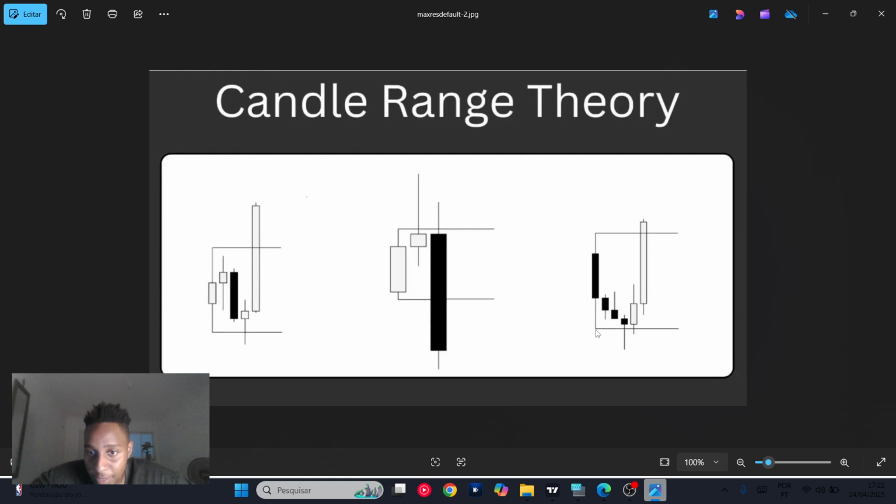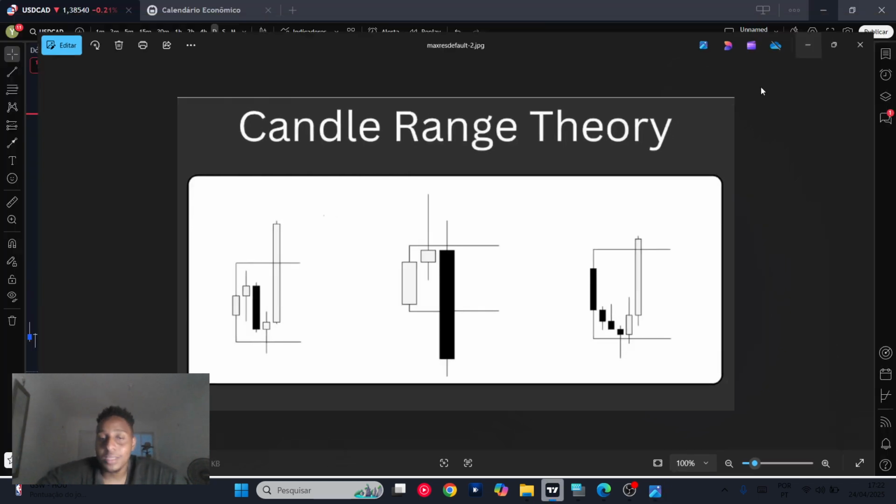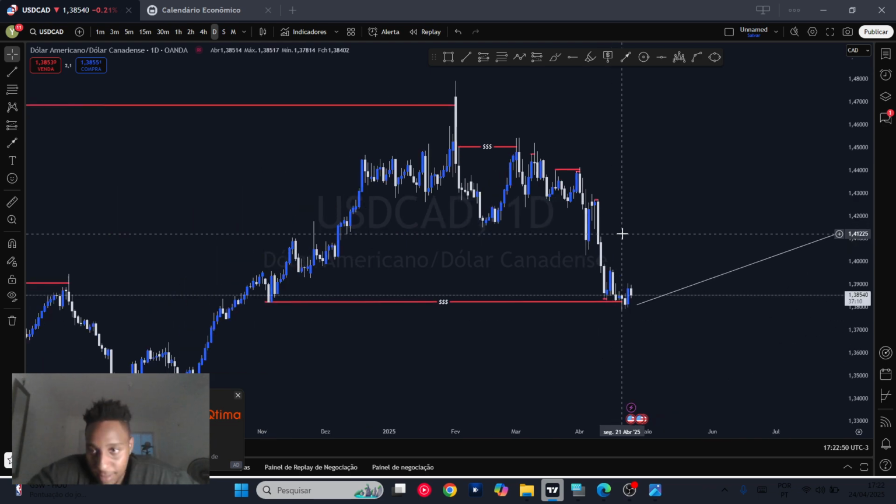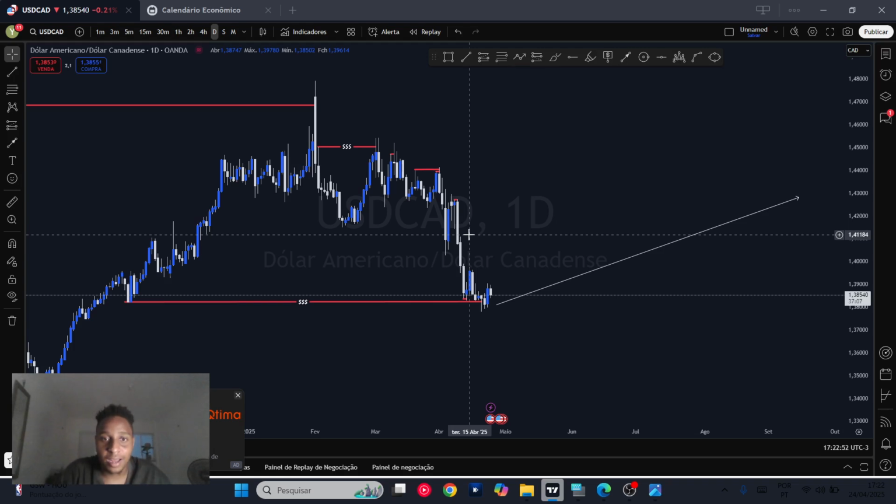In this case, price took the liquidity of this low and then price went up. So it's the same thing that's happening here. The candle range theory is based on liquidity. It's just a way of calling out this type of liquidity moves, but we need to know the basis of it.